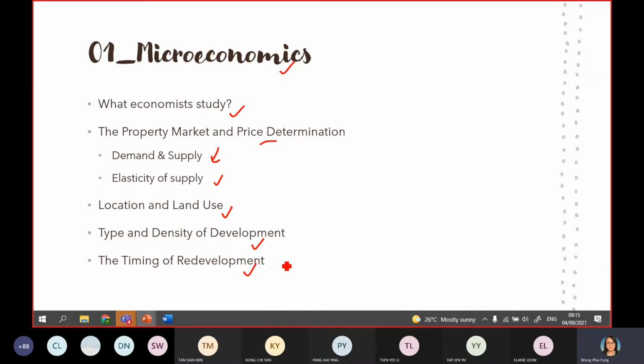So when the land value, or we say site value, is more than the building value, that is the best timing for redevelopment. And at the end of the chapter, we also learned that there are a few factors that affect the redevelopment process, which means that will slow down the development process. So this sums up what we have learned in microeconomics.